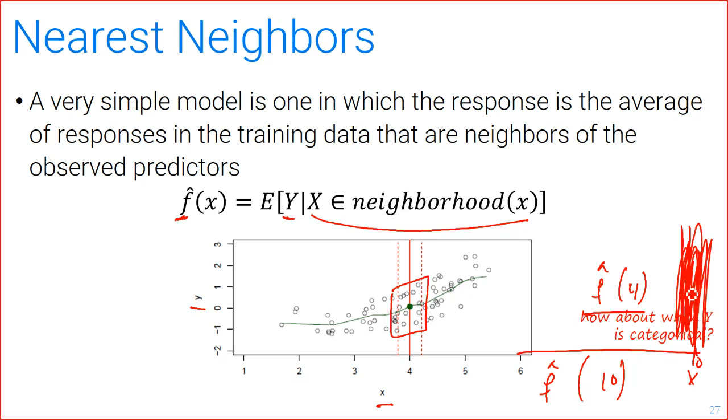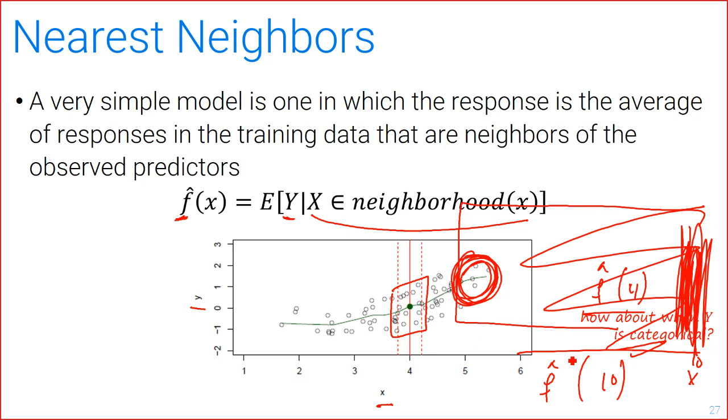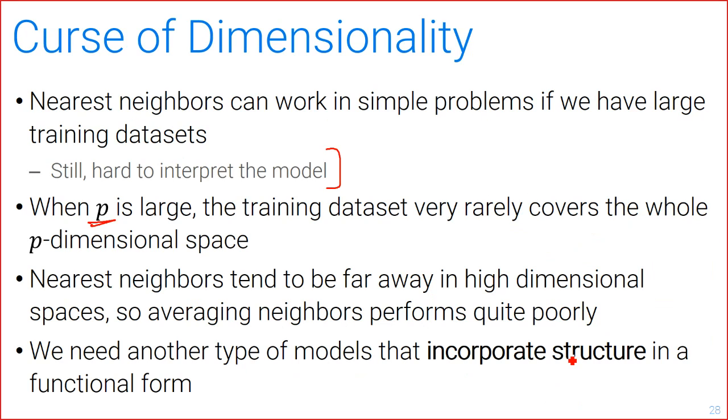So how are we going to make a prediction for x = 10? Well, it's about the same. Choose the closest data, and that would be your prediction, given those observations there. But you see, it's not going to be a good prediction because we don't know anything about what happens here. We don't have any explicit relationship between x and y. And this problem is going to be only worse when we talk about many features, about high dimensional space.